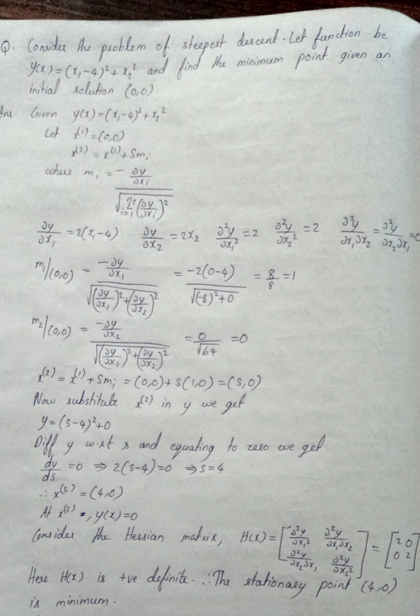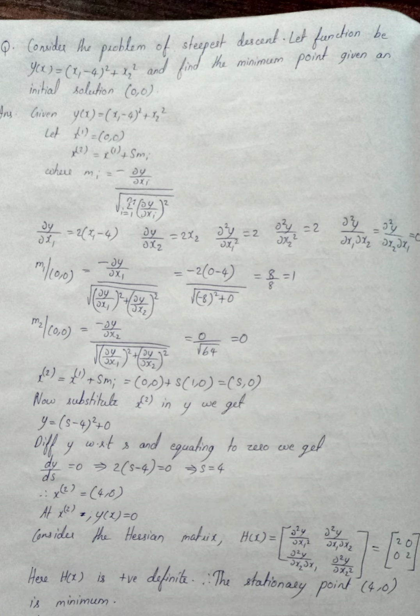Then we substitute these values in h2. h2 is given as x1 plus s mi, and x1 is 0, 0 and mi is given as the first term m1 is 1 and then m2 is 0. So mi is 1, 0. And h2 equal to 0, 0 plus s into 1, 0. Then we get h2 as s comma 0.